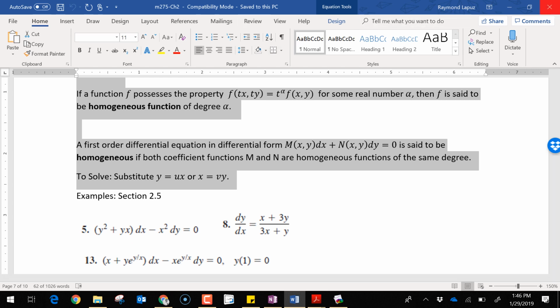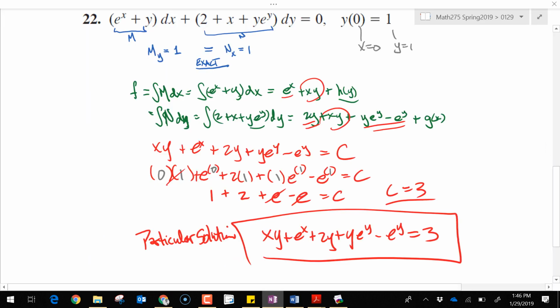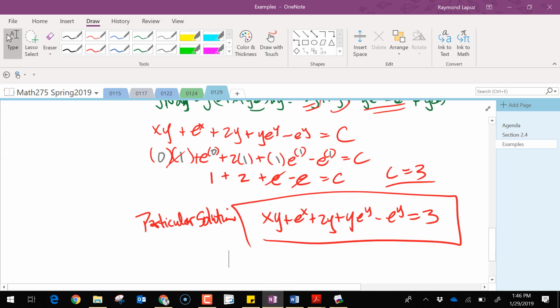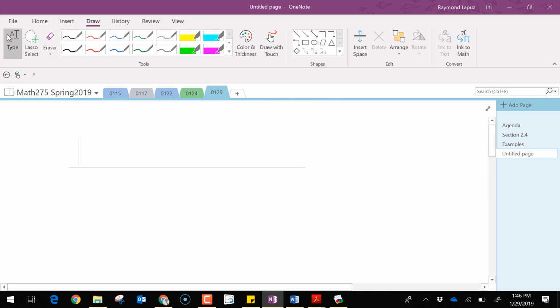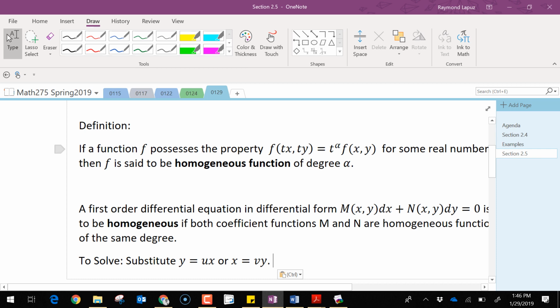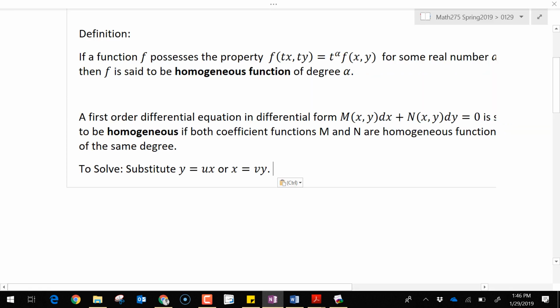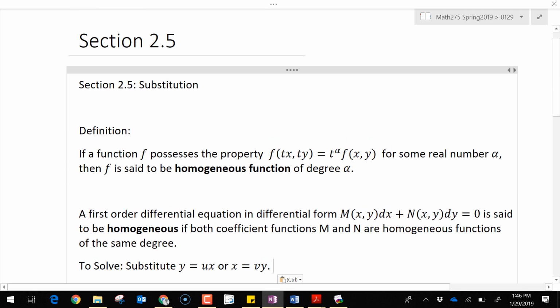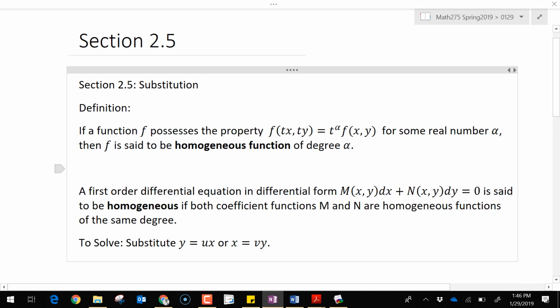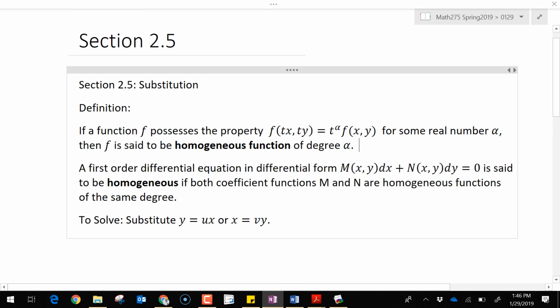So we're moving on to section 2.5. For starters, one type of substitution that we're going to consider works for these differential equations called homogeneous differential equations.